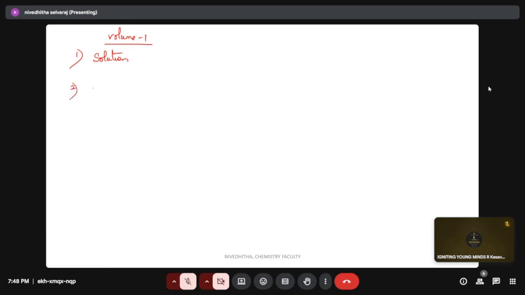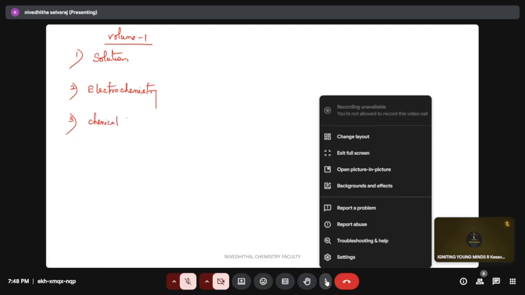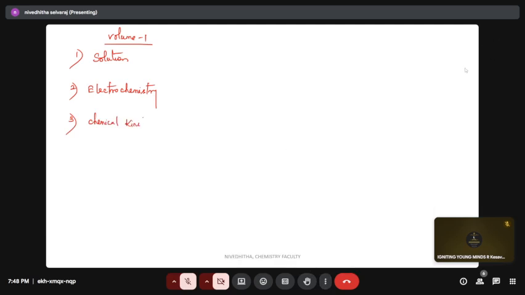Second chapter is electrochemistry, which is a very interesting one. Third chapter is chemical kinetics. Fourth chapter is D and F block.